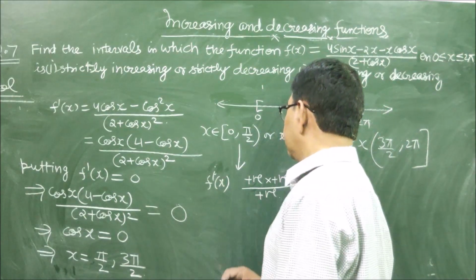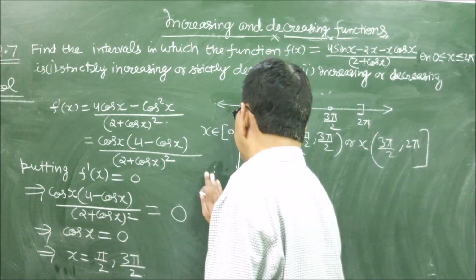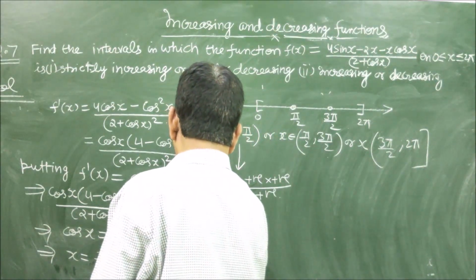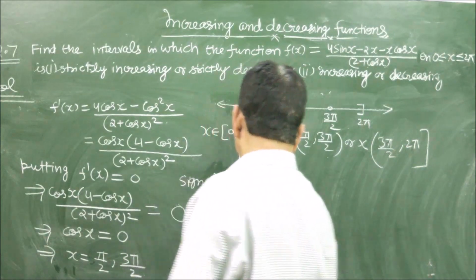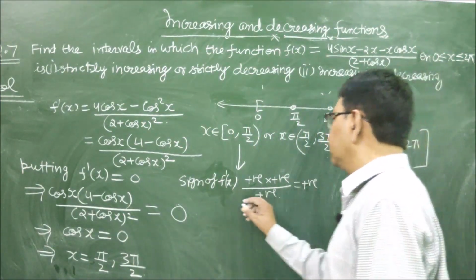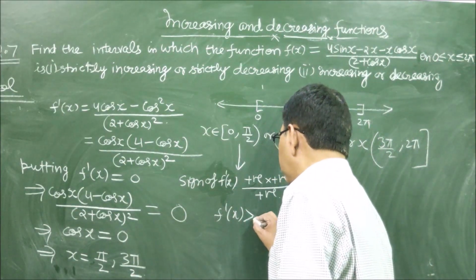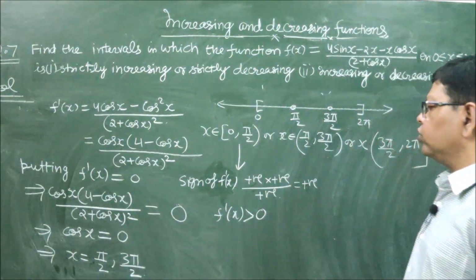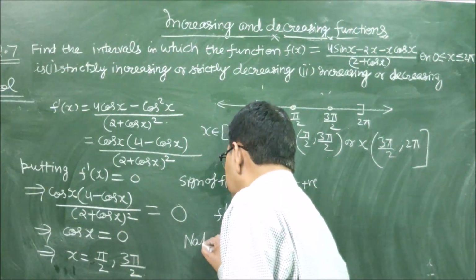So in this interval we can write the sign of f dash x is positive. Therefore we can say f dash x is greater than 0 in this interval. So the nature of the function is increasing.